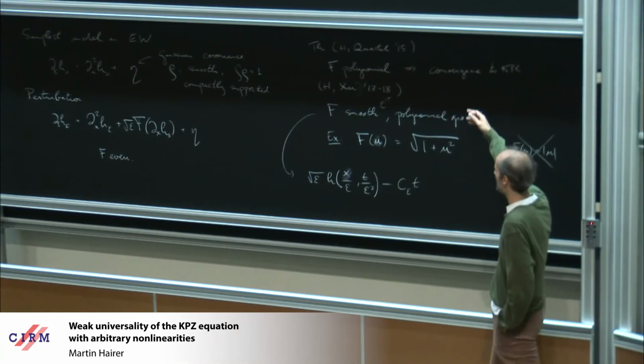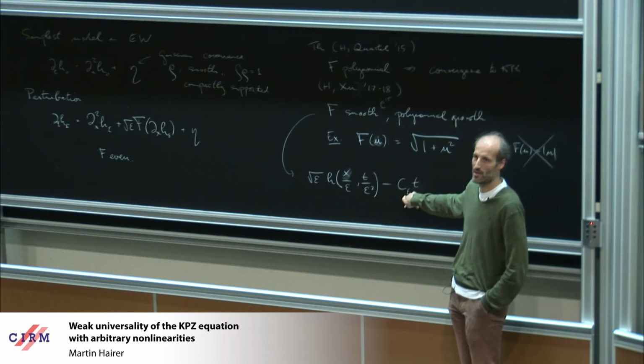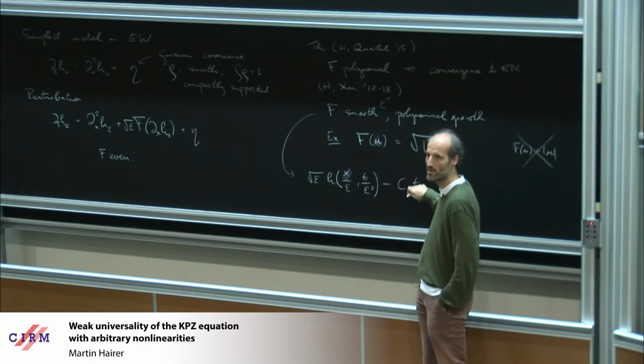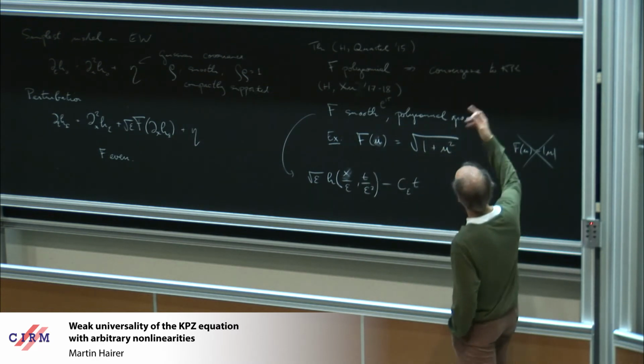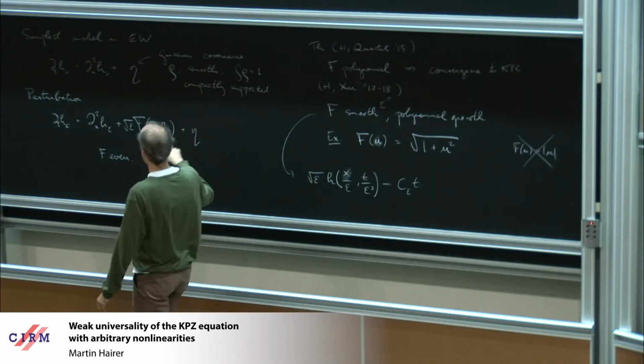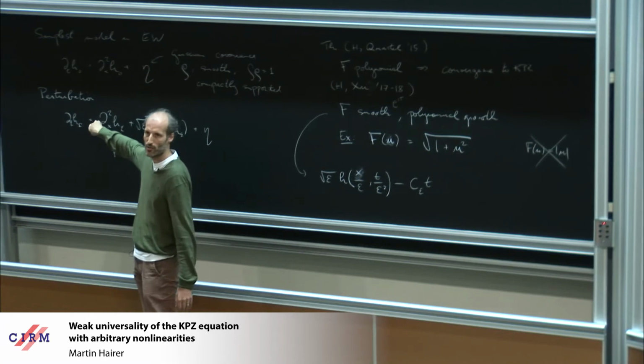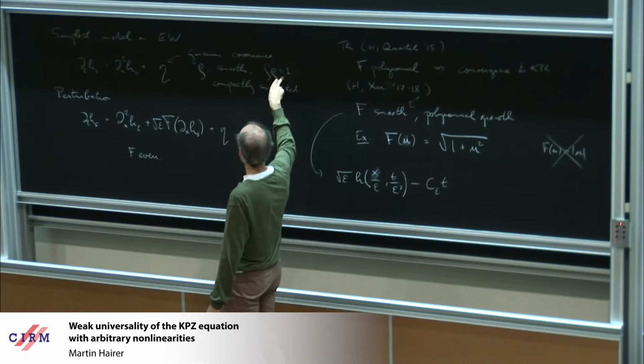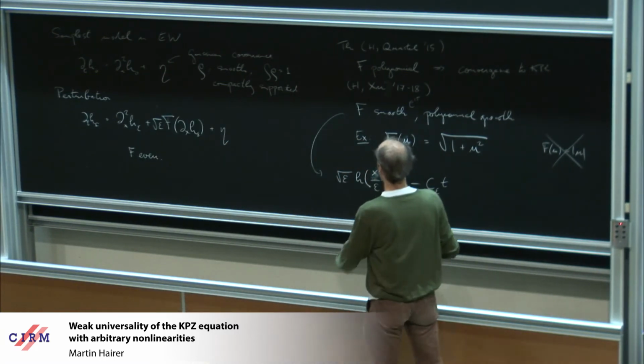The statement is always, there exists a choice of these constants c epsilon, so that if you do this rescaling, you converge to the KPZ equation. Of course, here things are already normalized in such a way that the Laplacian picks up a constant 1 in front. The noise is always white with the delta covariance.